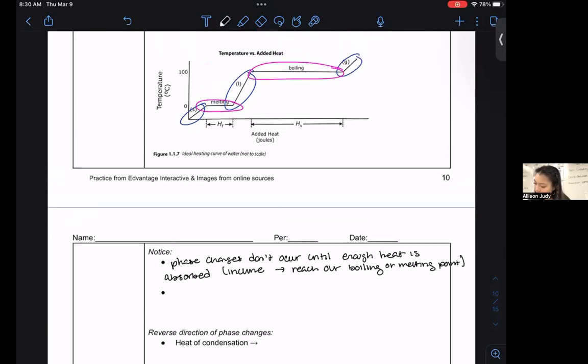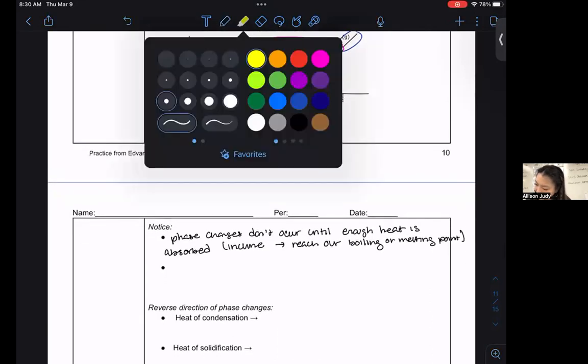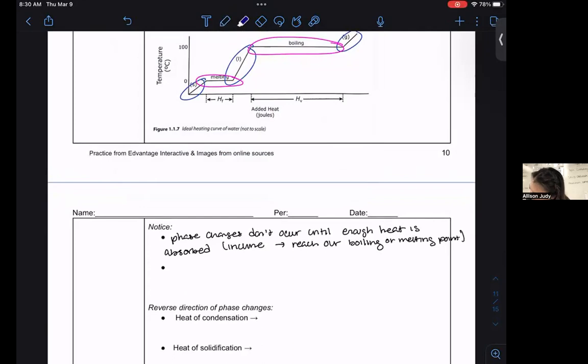So what region would that be? That would be all those blue regions. It's the inclined regions, those blue regions.